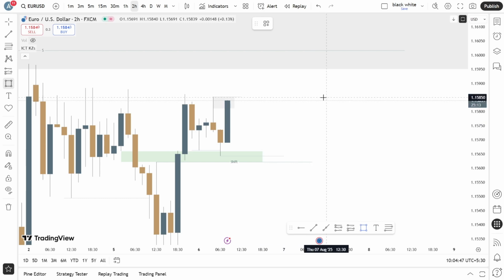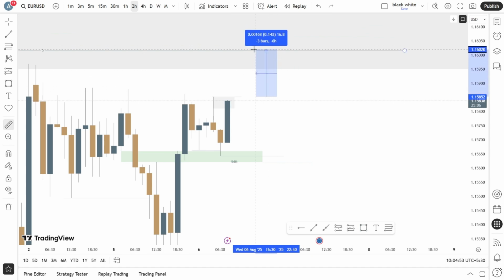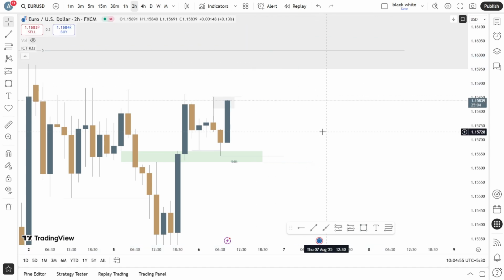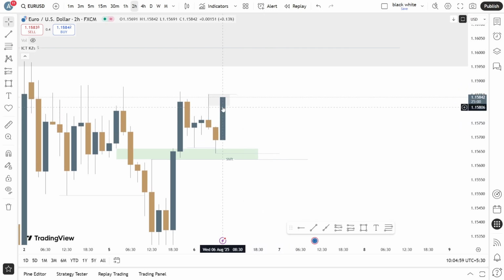Let's mark. Let's see how many pips this is. This is 16 pips. I'll scalp through it, and we'll try to take a trade within this channel's range.